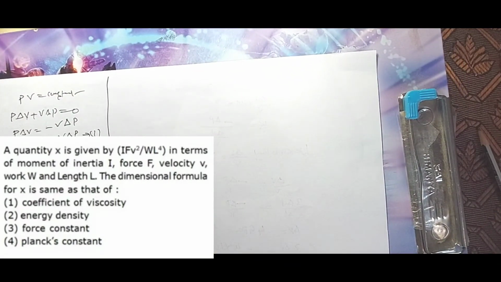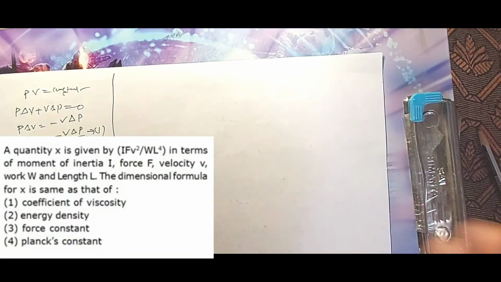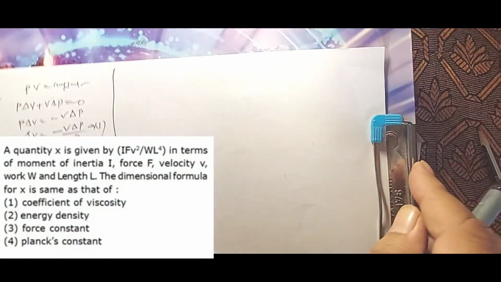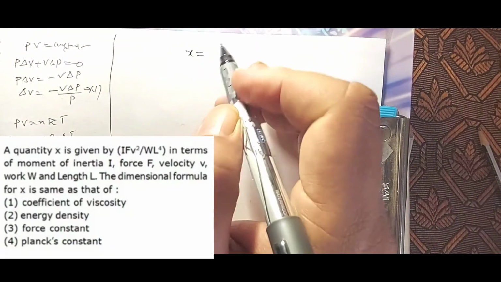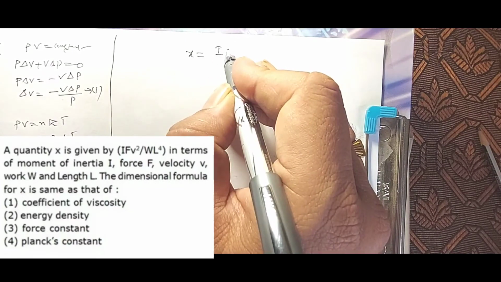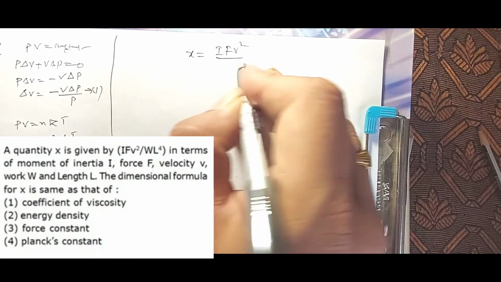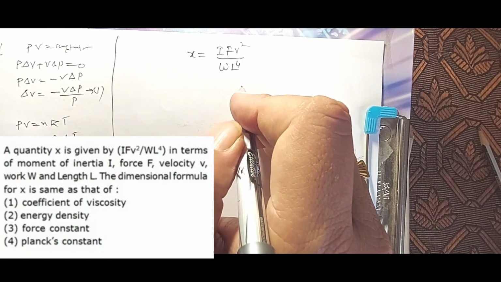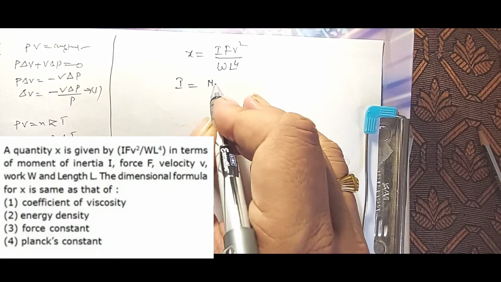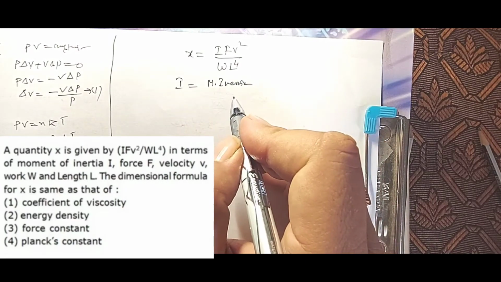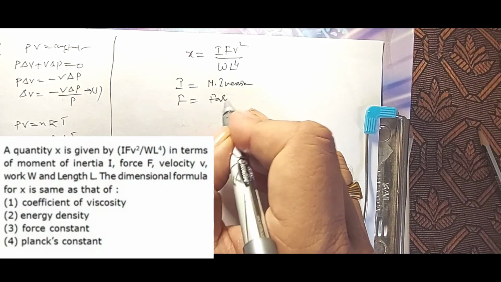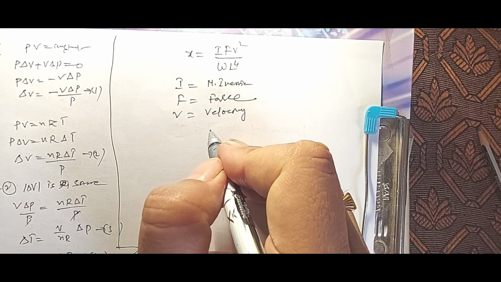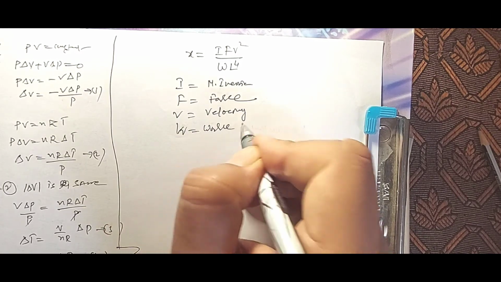Next question. A quantity x is given by I F v square divided by W L to the power of 4, where I is moment of inertia, F is force, V is velocity, W is work, and L is length.